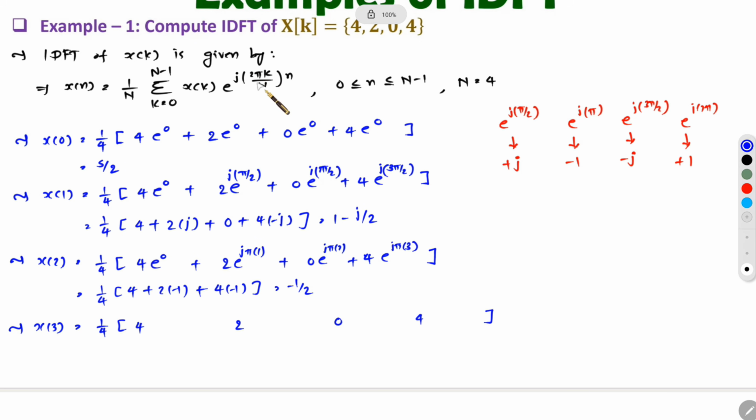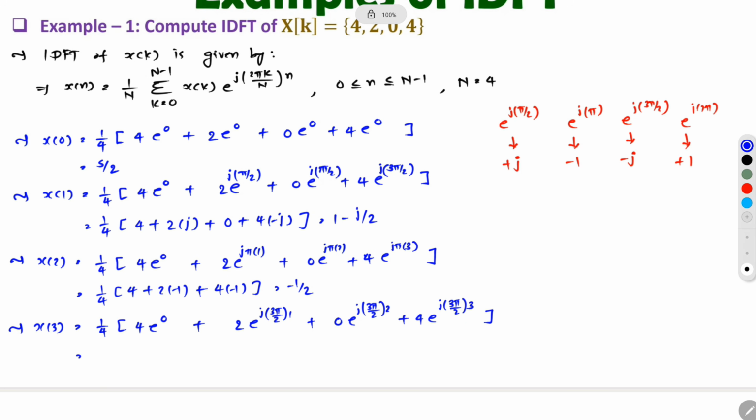So pi by 2 into 3 means 3 pi by 2 is there with us into k, where k is ranging from 0 to 3. So here we have e to the power 0. Then e to the power j 3 pi by 2 into 1. Then e to the power j 3 pi by 2 into 2. Then e to the power j 3 pi by 2 into 3.